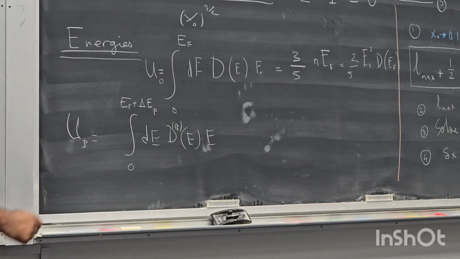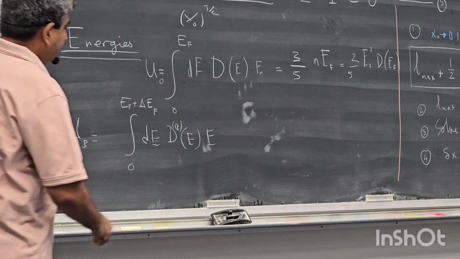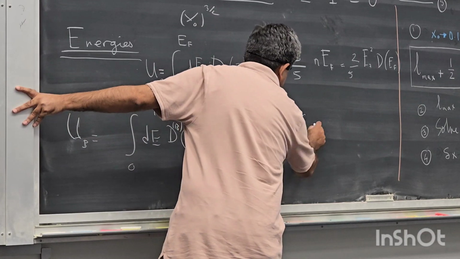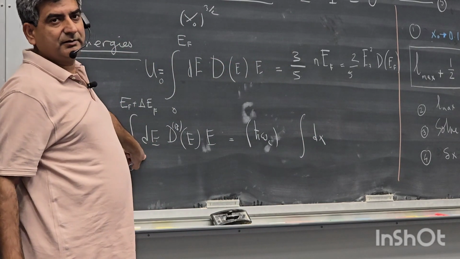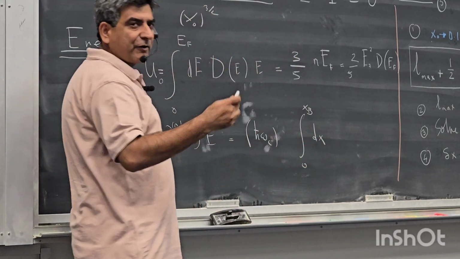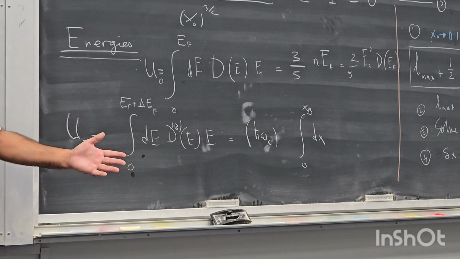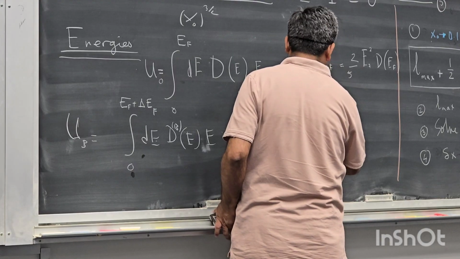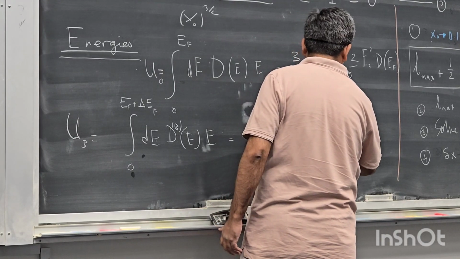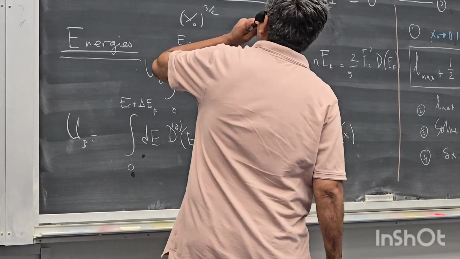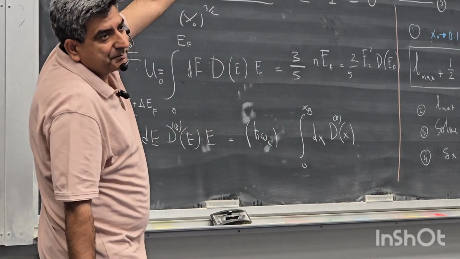Now let's put everything in terms of h bar omega c and x. So this dE will give me an h bar omega c dx, right, from here 0 to xb, which we now have. We already have an array of xb's, which is x naught plus delta x. This dE, I can simply write this as dx in the presence of a magnetic field, which is equation number 4, which I can pick from equation number 4.